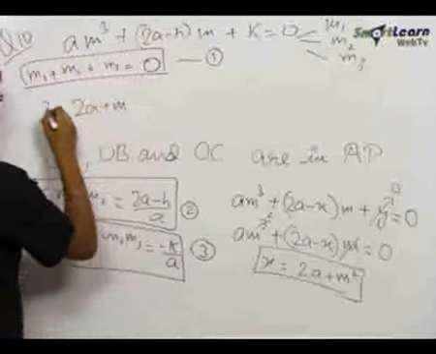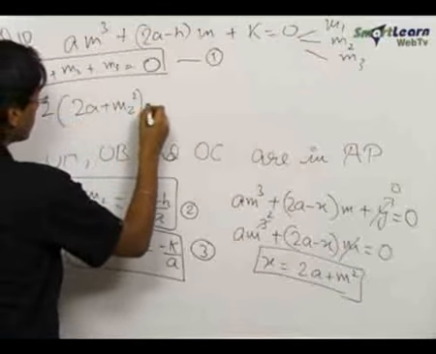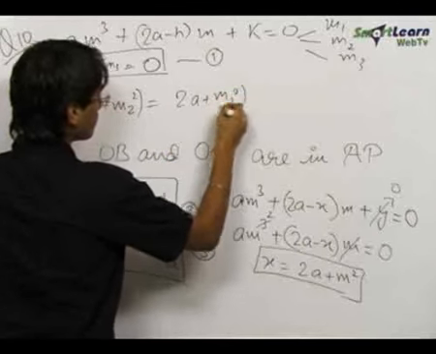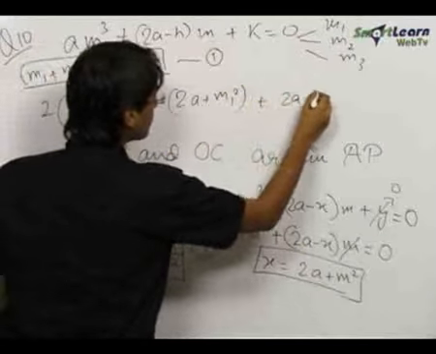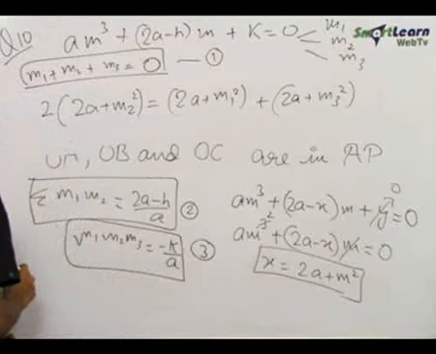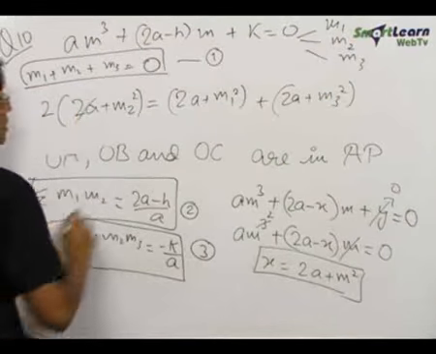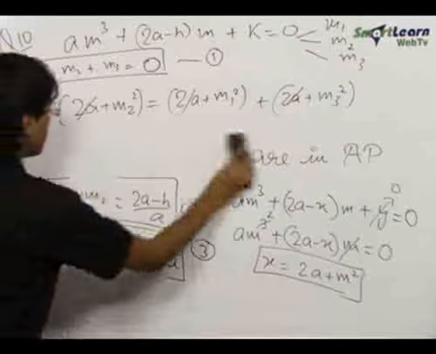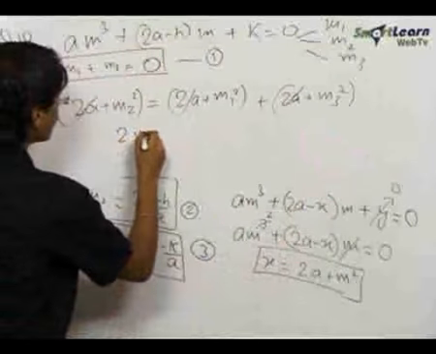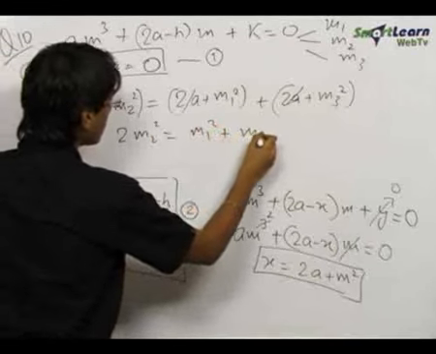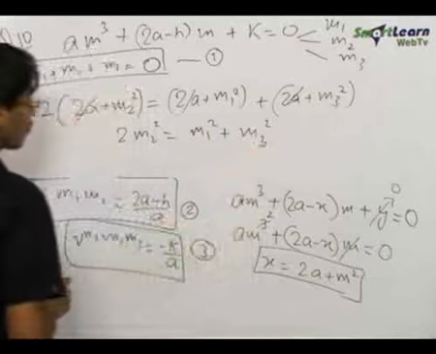Hence 2 times 2a plus m2 square is equal to 2a plus m1 square plus 2a plus m3 square. This 4a and 4a get cancelled and we get 2m2 square is equal to m1 square plus m3 square.